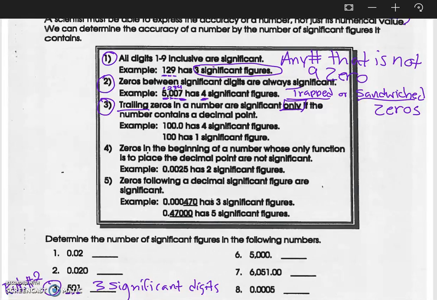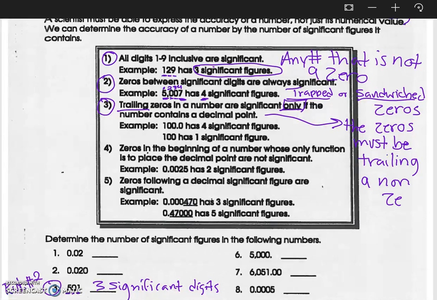A little note in here that they don't add is that the zeros must be trailing a non-zero. So that's a very important part of rule number 3: trailing zeros in a number are significant only if the number contains a decimal point.